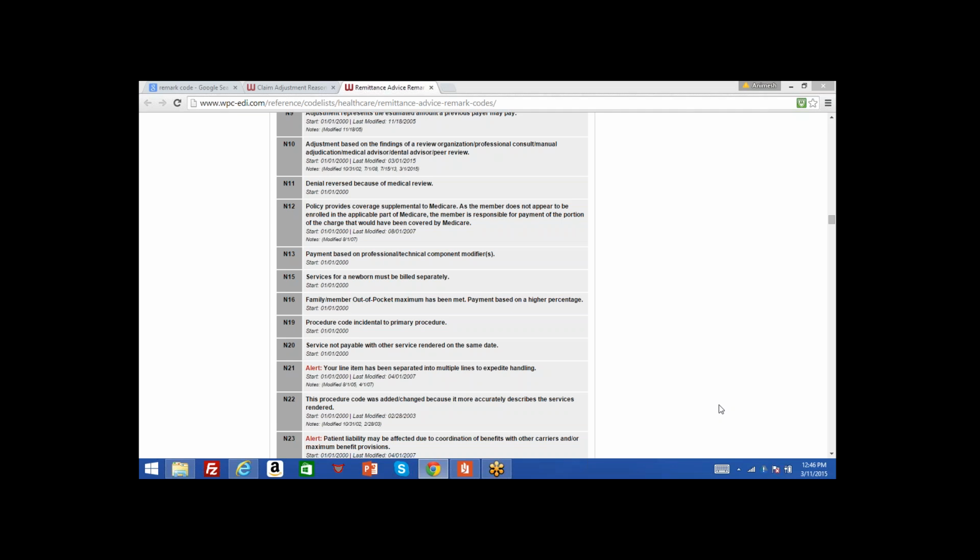Crosswalk means on one side you have all the proprietary messages which are very specific to the payer, and the payer may have created 200 or 300 message codes. If the claim is rejected with X123, which says the claim line is a duplicate, it has to crosswalk to CARC 18, which is the duplicate claim.